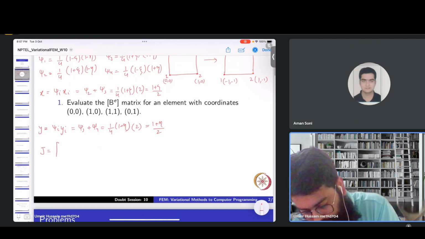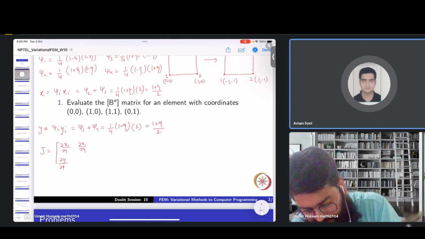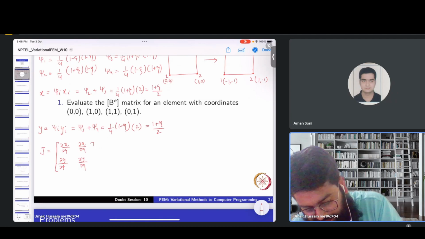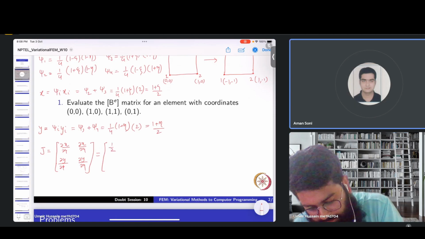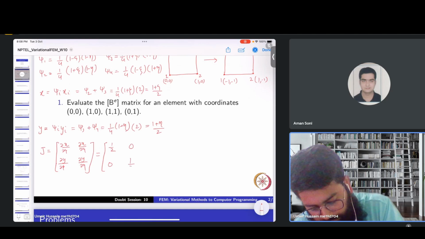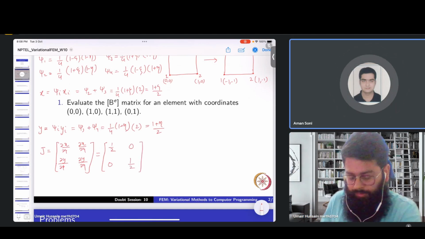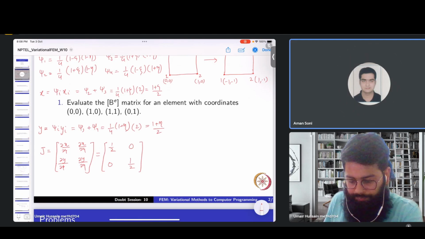So that is, I think, dou x by dou xi, dou x by dou eta. Correct me if I am wrong anyway. So dou x by dou xi is half, then 0, then 0, then half. So always it comes 1 by 4.